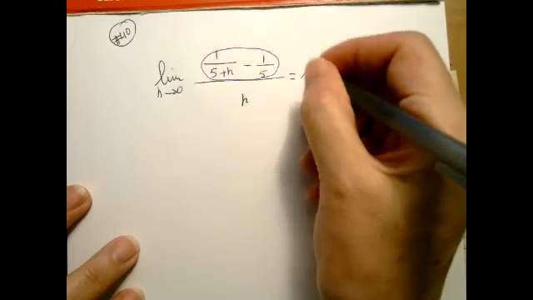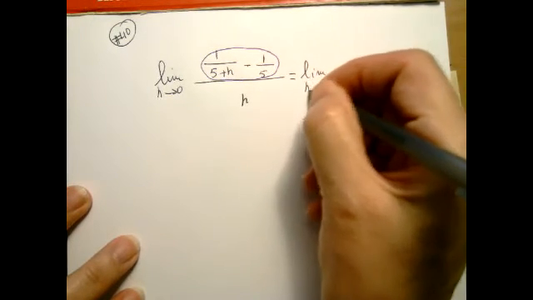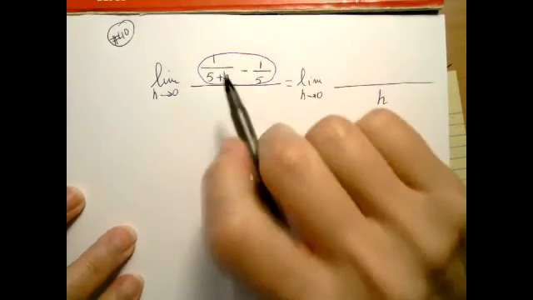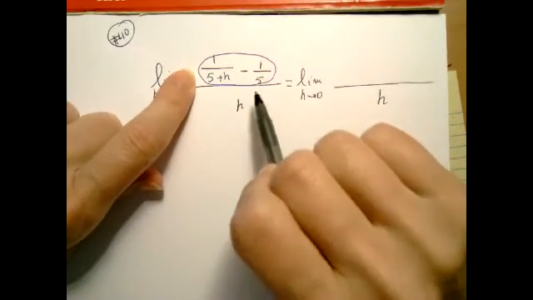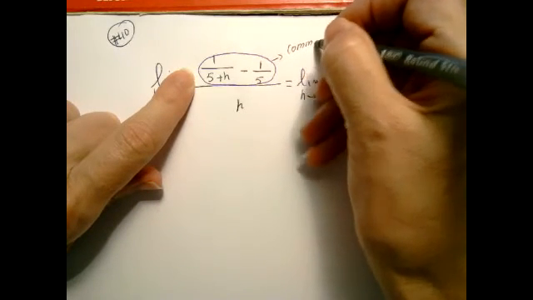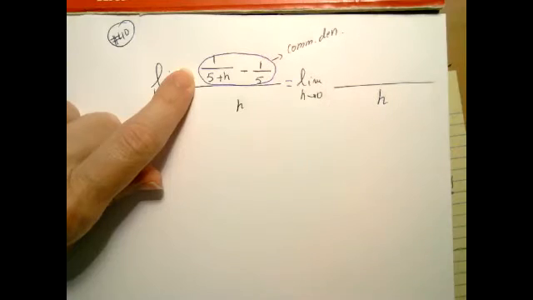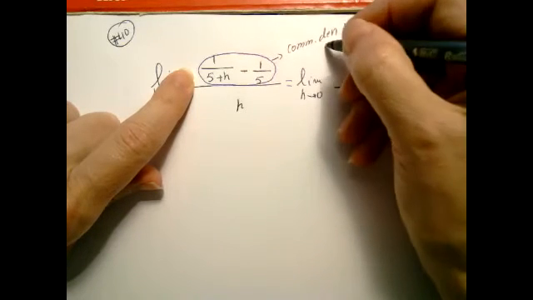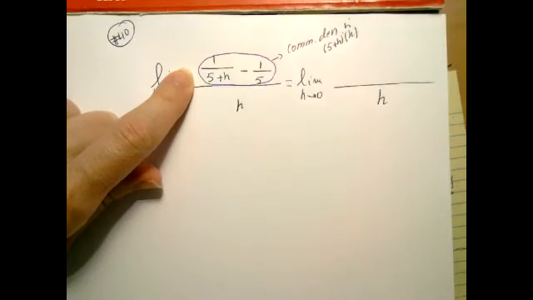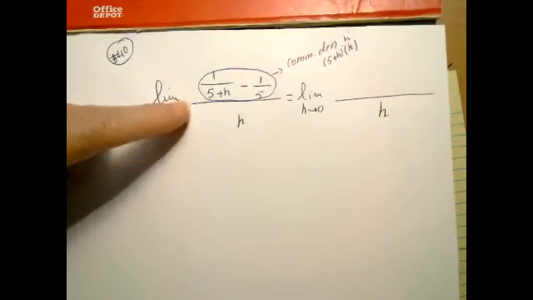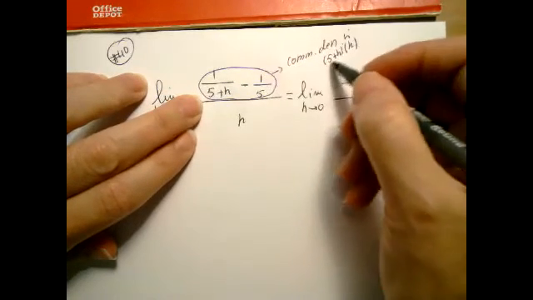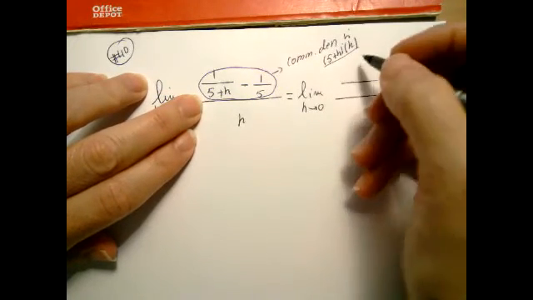So this becomes the limit as h goes to 0 of. The denominator is h, I don't have an issue with it. Now I need a common denominator here. The common denominator is the product, 5 plus h times h.